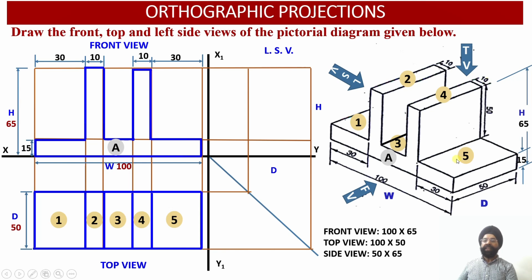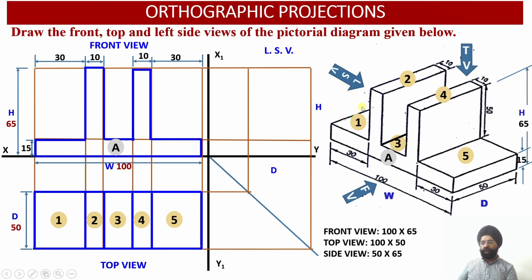Now let me work out the side view of the solid, right? So usually we will be asked to draw the right hand side view, because these two surfaces are readily seen. But here, as a special case, we have been asked to draw the left side view. So in the left side view, again these two surfaces which are appearing on the other side will be worked upon.